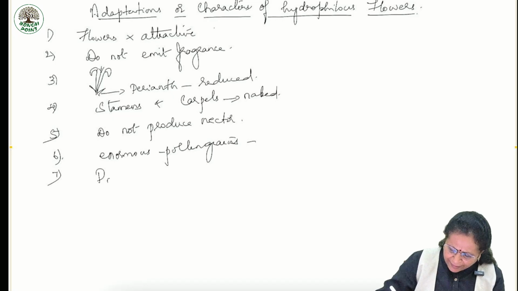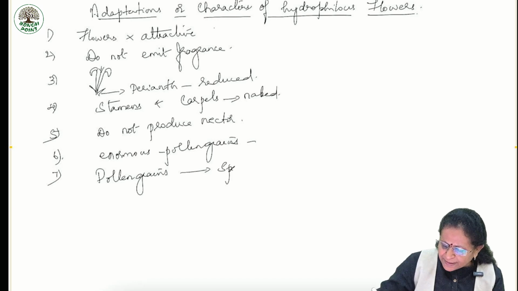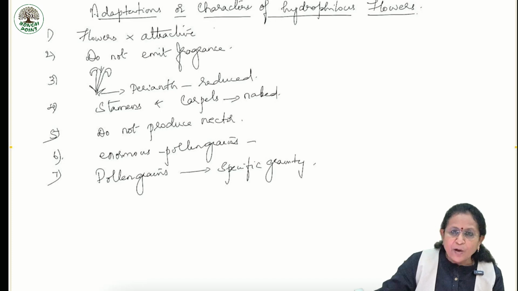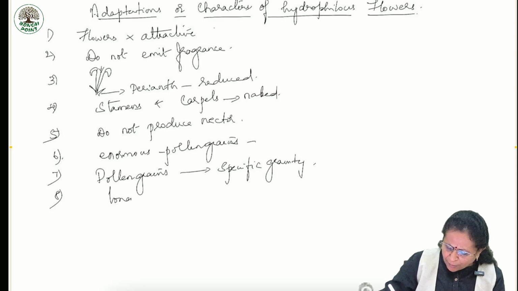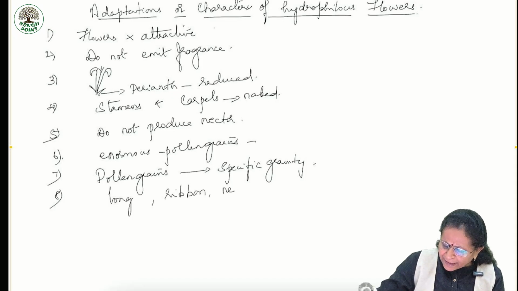The pollen grains will maintain the specific gravity. What are the other characters of pollen grains? The pollen grains are long, ribbon-like or needle-like, to cut water.